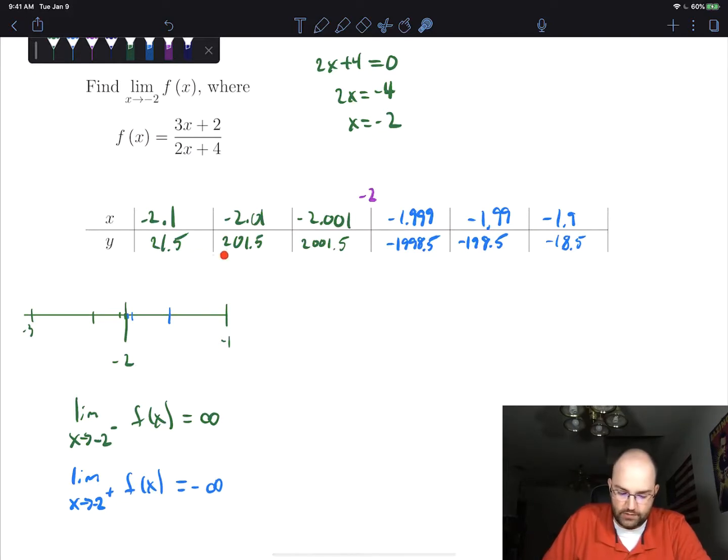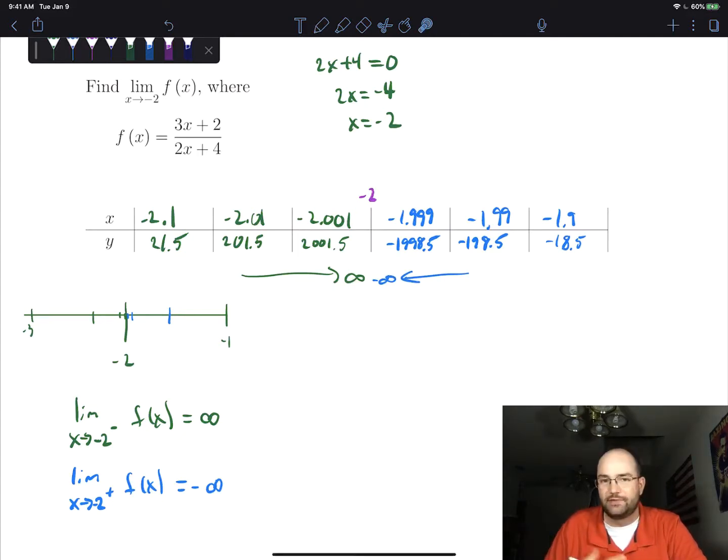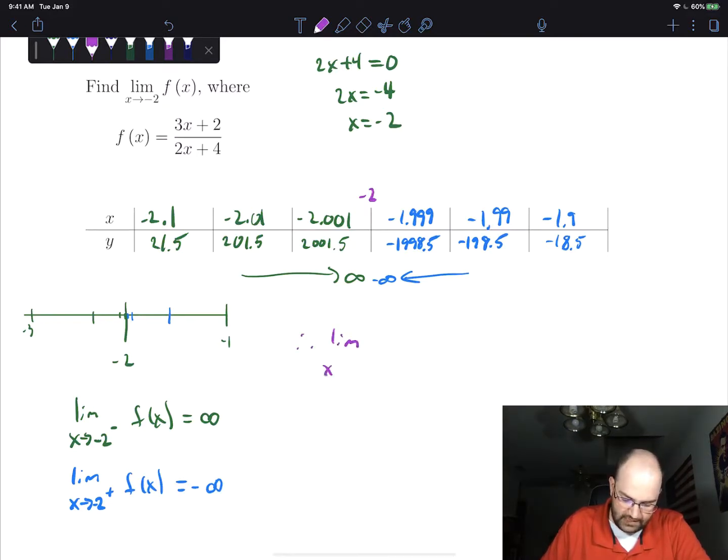This is going up towards infinity, and this is going down towards negative infinity. These two things are not the same, so the limit simply does not exist. Therefore, the limit as x approaches negative 2 of f of x does not exist.